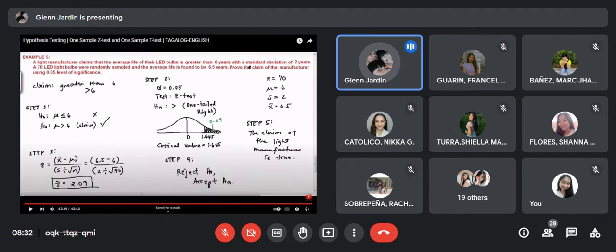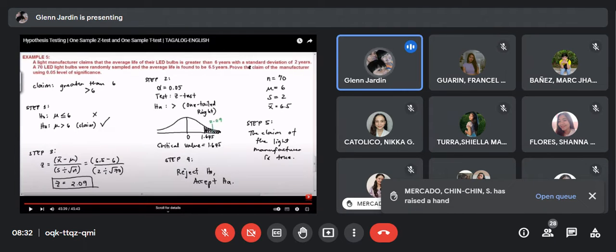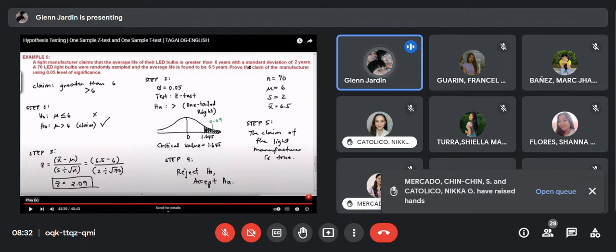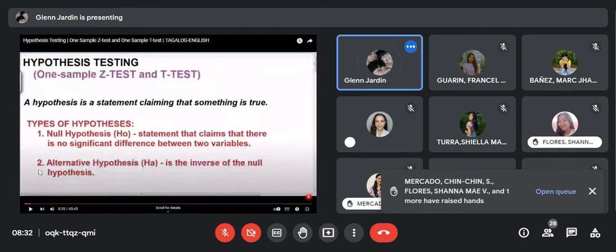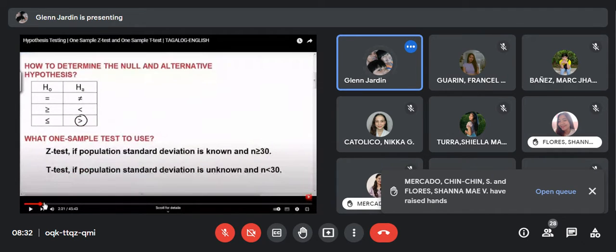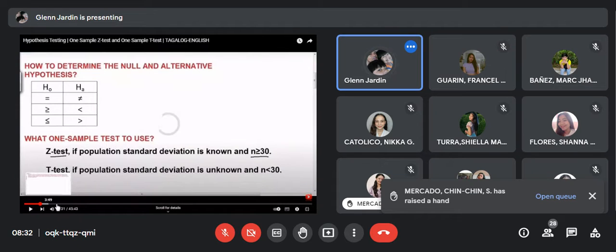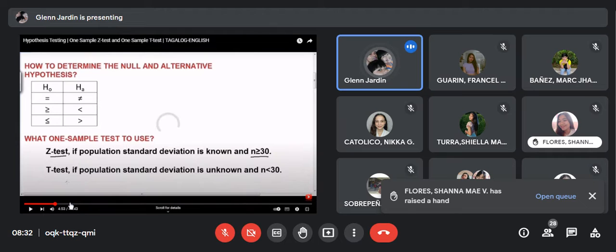Okay. So when do you use the Z-test and the T-test, based on the lecture for today? Kailan natin pwedeng gamitin ang Z-test at T-test o ang pagkakaiba?